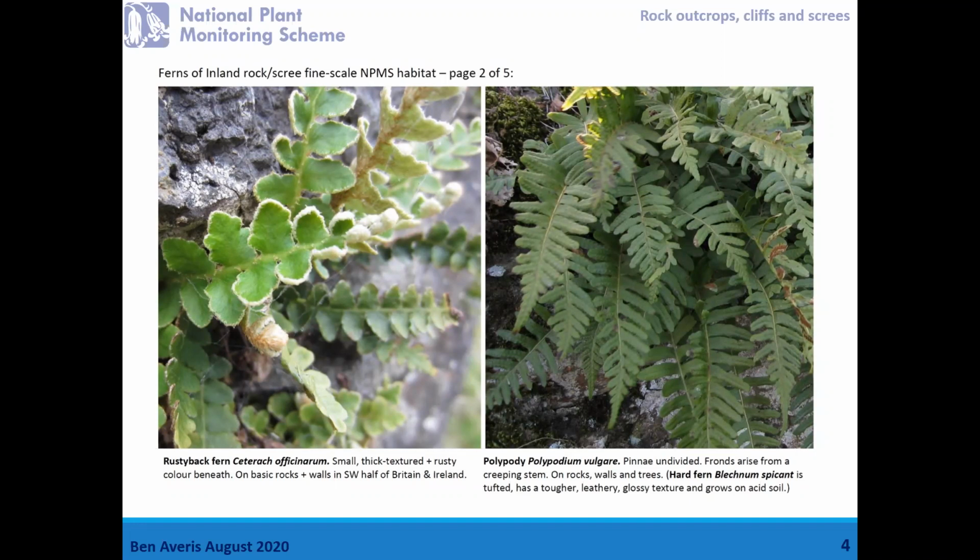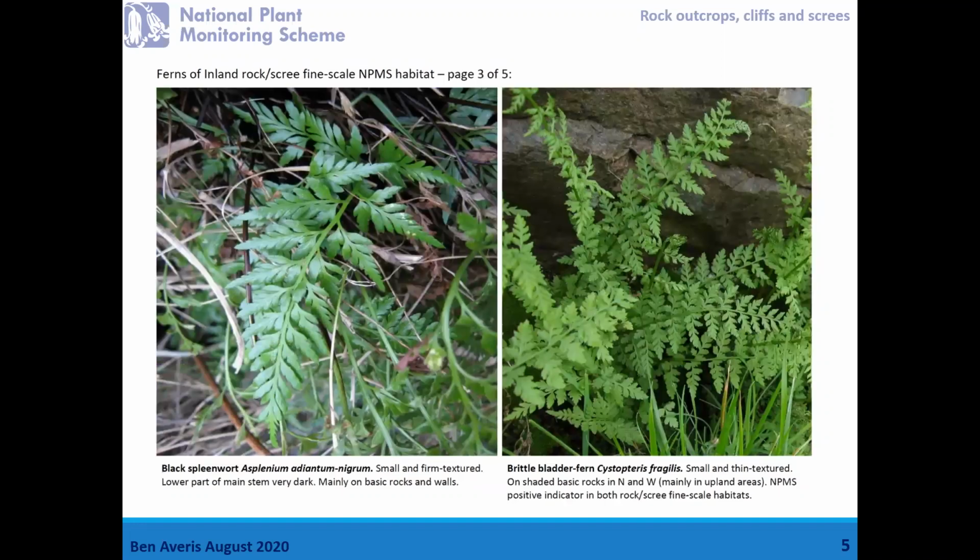Okay, the next picture has got some ferns that are still quite small as ferns go, but these are the more usual typical kind of fern shape. They're long, triangular, divided up into lots of different segments.